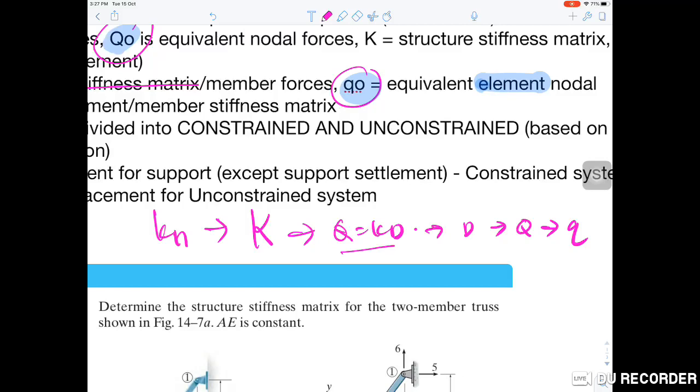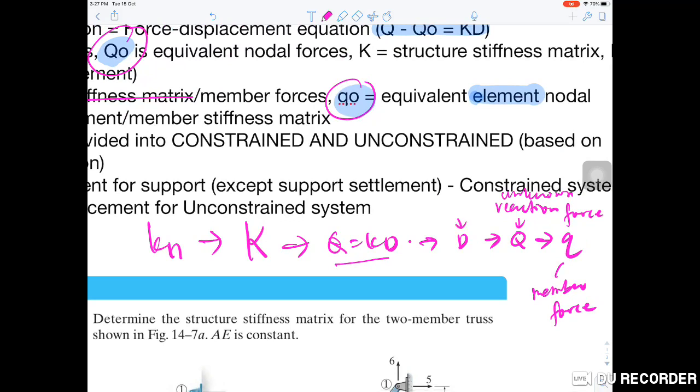Small letter q means member force. This is the reaction force. Unknown reaction force. This is unknown displacement.